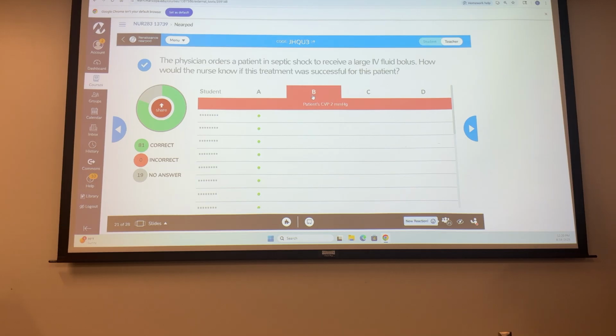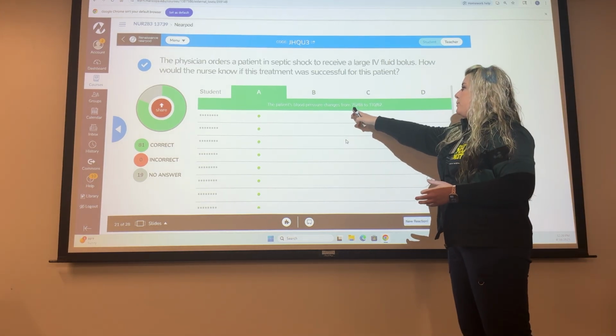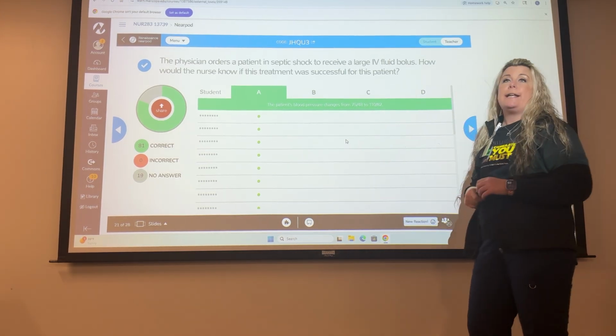No, we wanted like an 8. We want it higher. Yes, absolutely. We want to show that we gave fluid. So it is normal, but we want it on the high side of normal, at least greater than 6 to 8. So how do we know the fluid bolus is working? Our blood pressure went from 78/48 to 110/82.